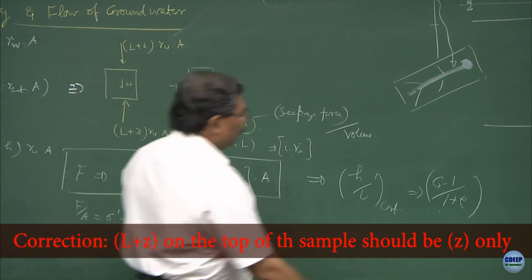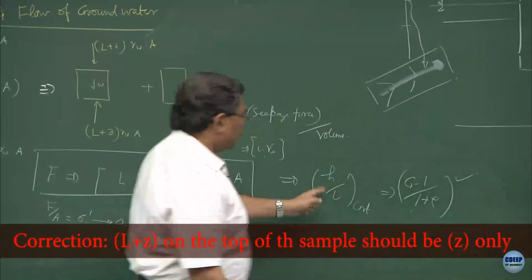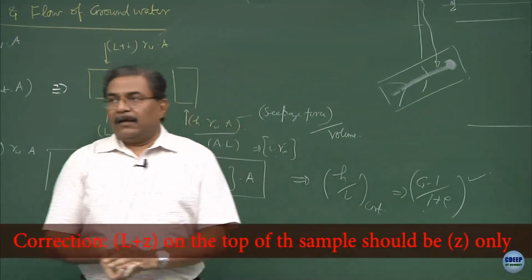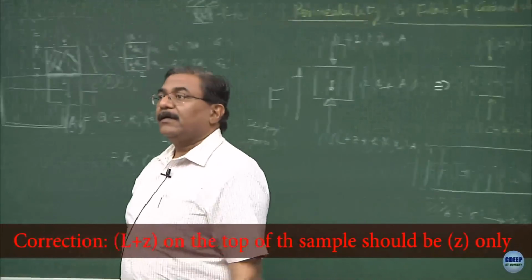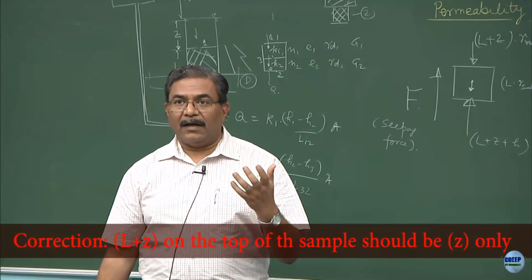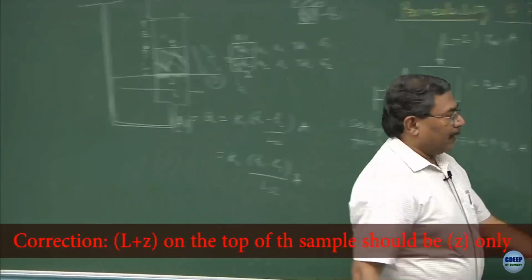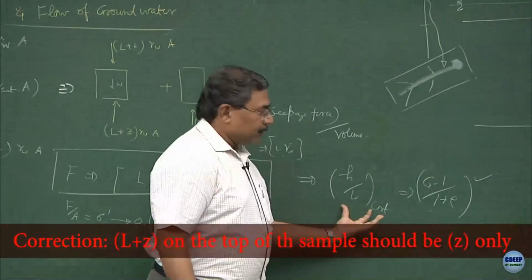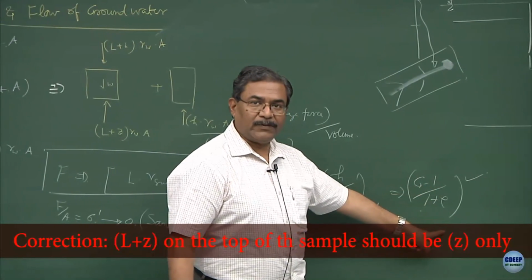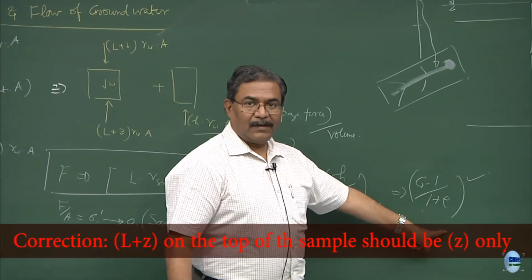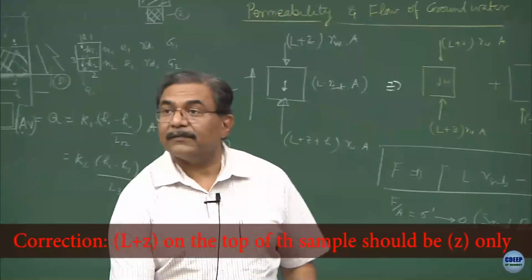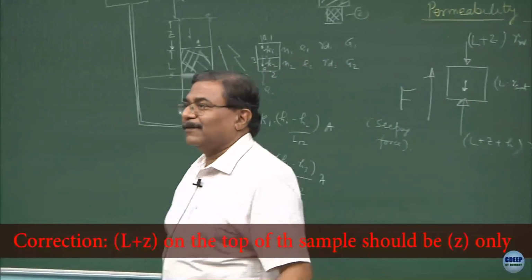So, you try to prove that I H upon L critical will be G minus 1 over 1 plus E. What it indicates is a soil is going to boil under hydraulic gradients, and at that time the hydraulic gradient is this, which is equal to the specific gravity minus 1 over 1 plus void ratio. Have you understood the whole kahani or not?